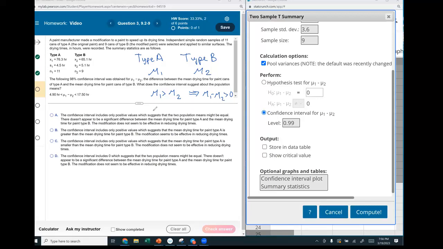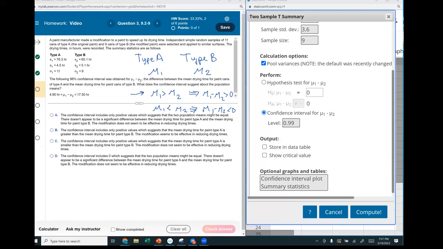But if mu1 is less than mu2, then mu1 minus mu2 would be less than 0. Here I have my confidence interval for mu1 minus mu2. Everything there is greater than 0. Since it's greater than 0, that tells me paint type A takes longer to dry than paint type B.